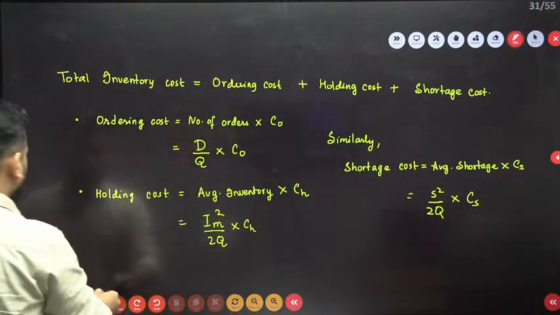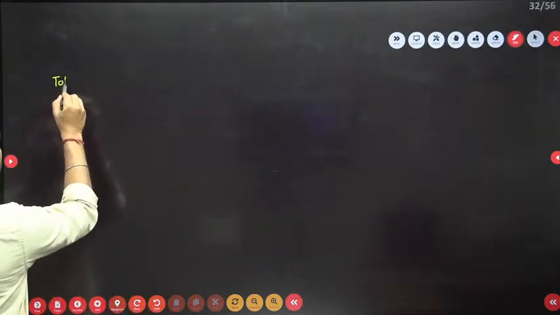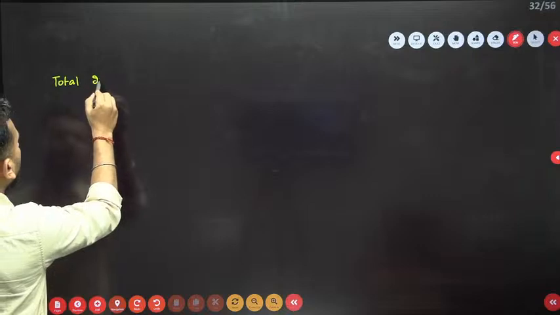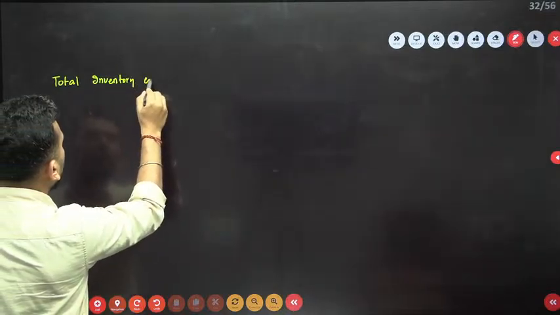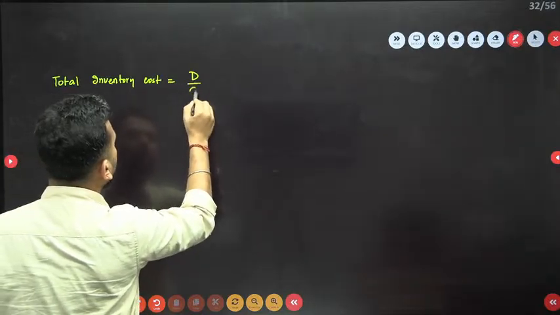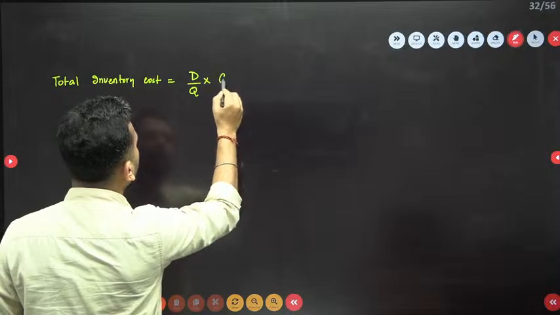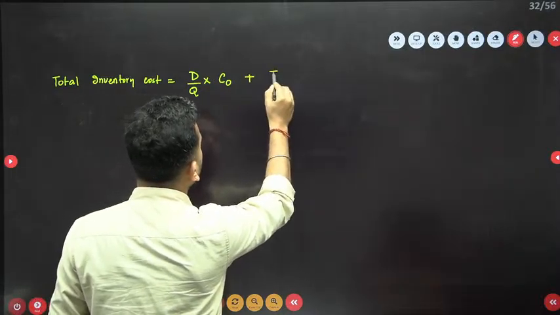So now my dear friends, if I write the total inventory cost, ordering cost was number of orders into ordering cost plus it was IM square.